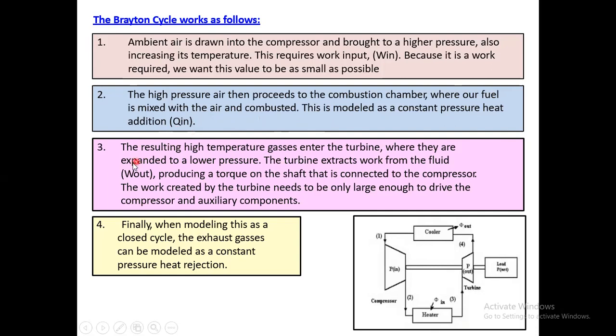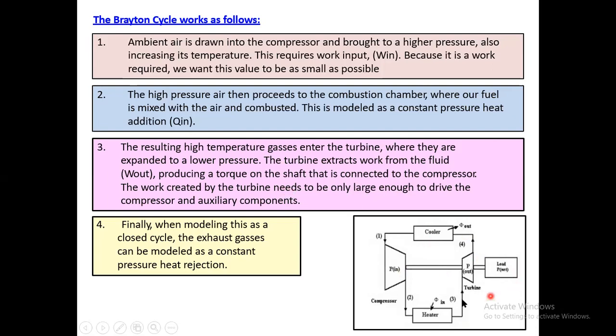In our third section, the resulting high temperature gases enter the turbine where they are expanded to a lower pressure. The turbine extracts work from the fluid, W out, producing a torque on the shaft that is connected to the compressor. The work created by the turbine needs to be only large enough to drive the compressor and auxiliary components.